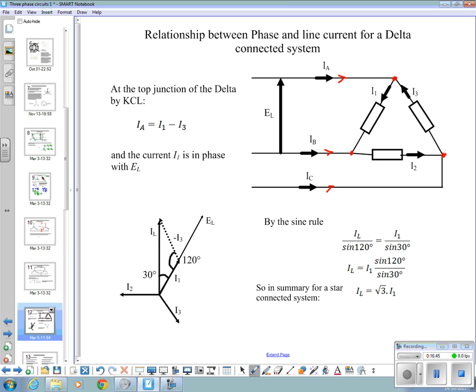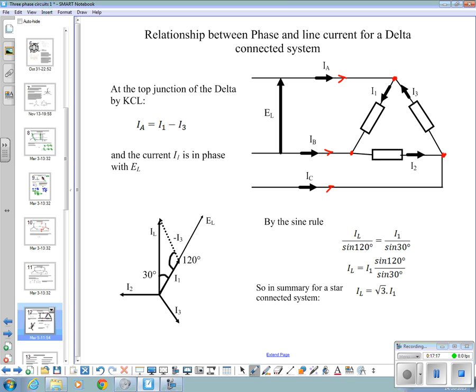So again, drawing a phasor diagram, we end up with a phasor diagram like so, where we've got phase currents in phase with the line voltage.